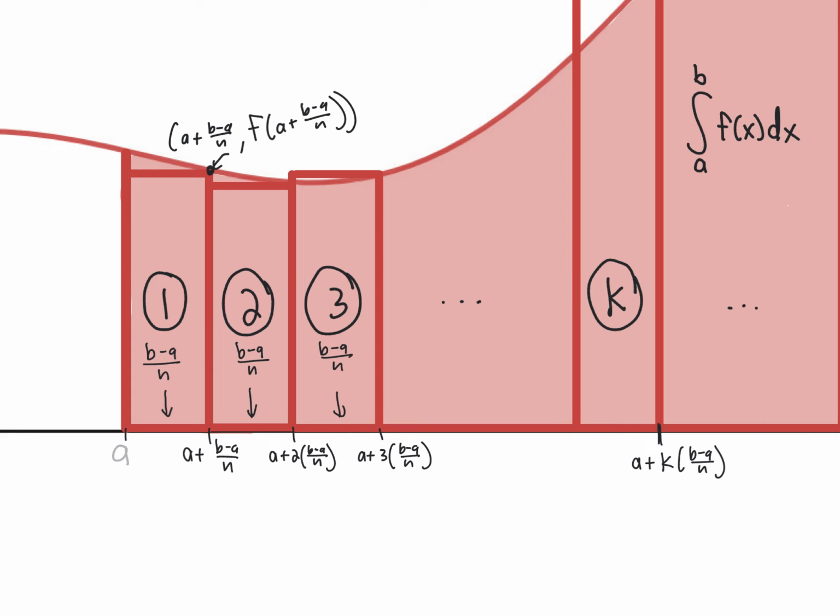Okay, so it makes sense that the area of this will be (b - a)/n, that's this length here, times f(a + (b - a)/n), because that's this y value. And to get a distance from the x-axis up, it's just whatever the value of the function is.